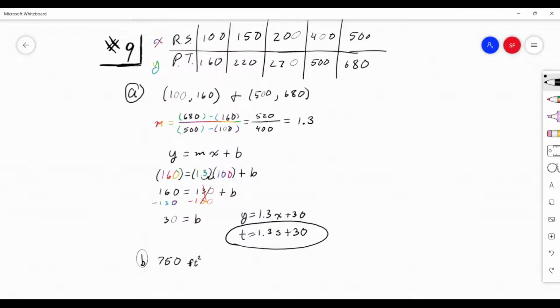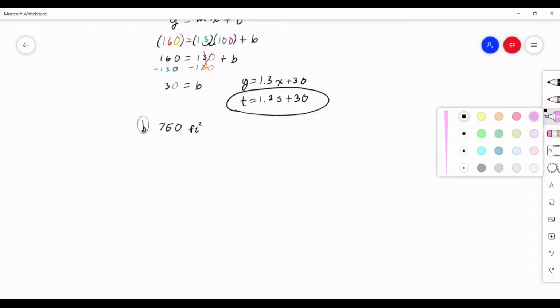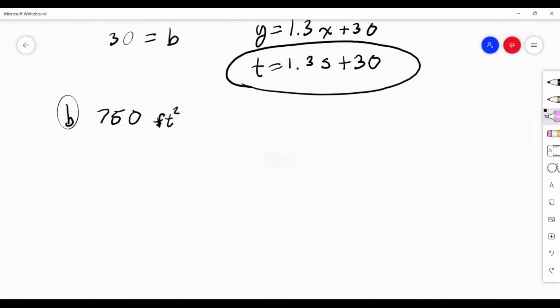Which variable would this be associated with? The T or the F or the S? Is this the size or the time? The size. So which one are we going to substitute that variable into? The S. So to do this problem, all we have to do is substitute that in right there.